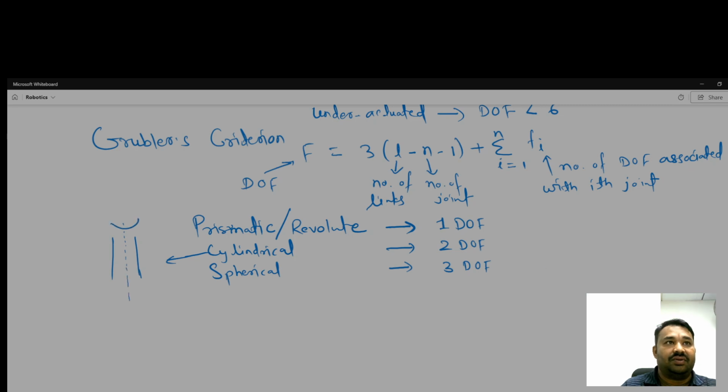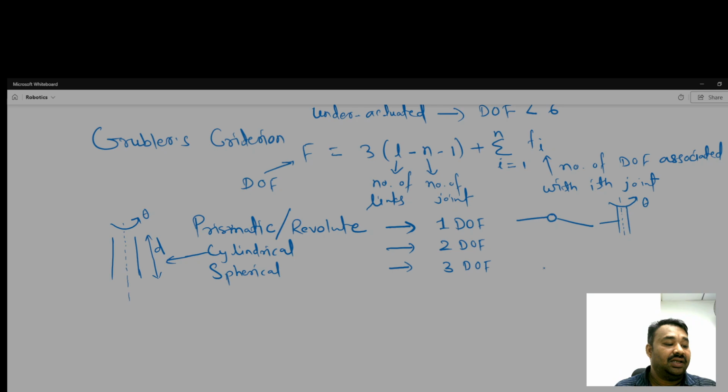There is rotation about the axis, theta here, and the translation along the axis, that is d here. In the case of prismatic, this is one link, the joint is here, and another link. Whatever the motion in between provides only 1 degree of freedom. In the revolute there will be rotation only, theta.